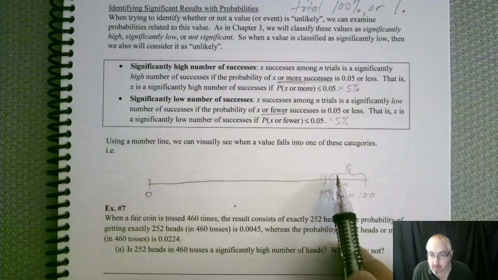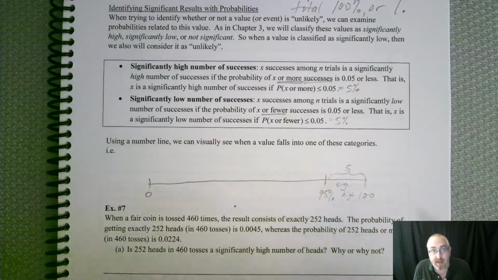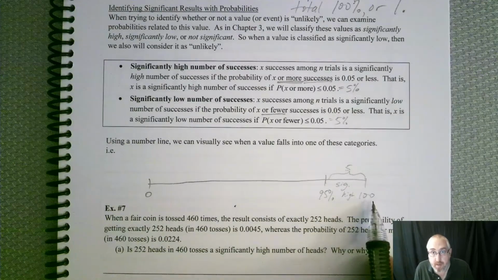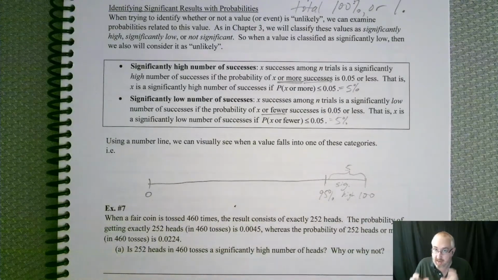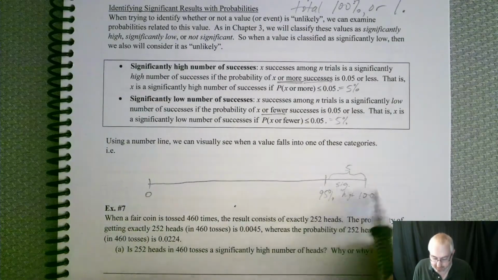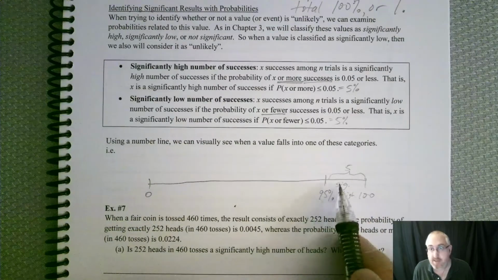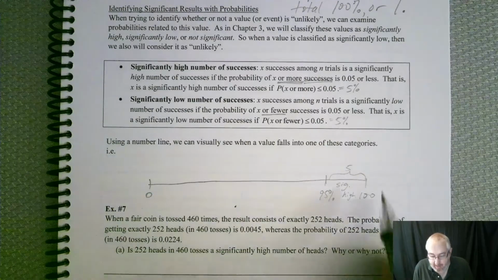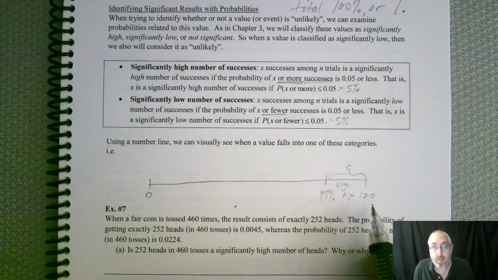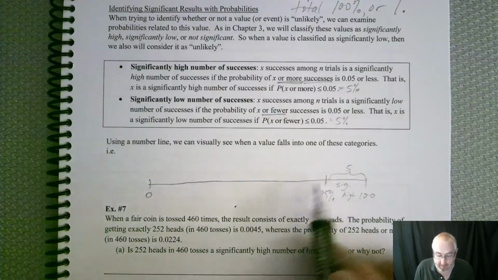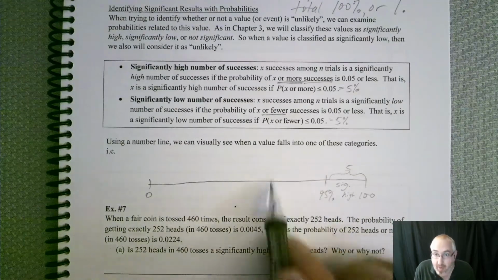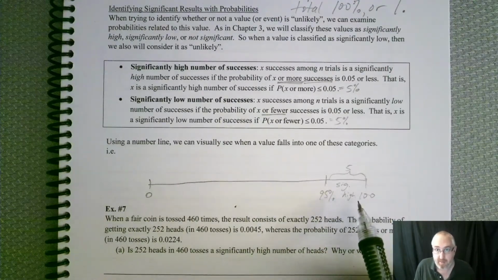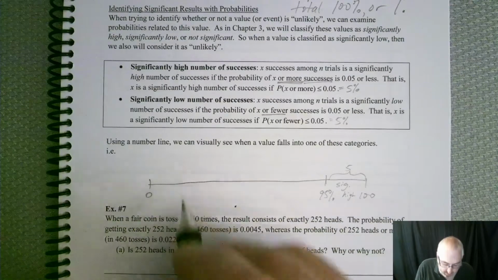So if I was at 96 or 97%, that means it's less than 5% from getting to 100. So again, it's kind of hard to wrap your brain around, but it's in this window. So if it was 96, 97, 98, 99, all of those percentages are within 5% of getting to 100. So that's why it's considered significantly high. If I was at 94%, now I'm in the middle, I'm 6% away from the end. And so that wouldn't be significantly high. And it's very similar on the other end.